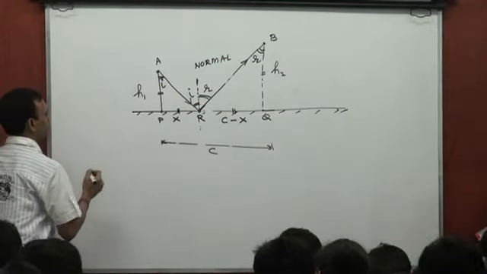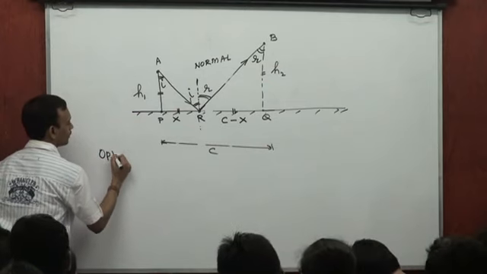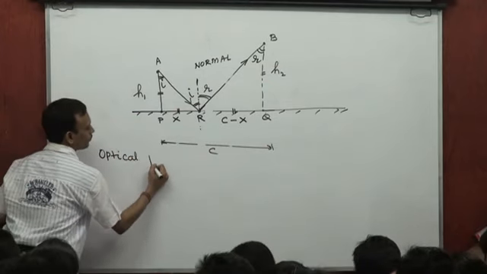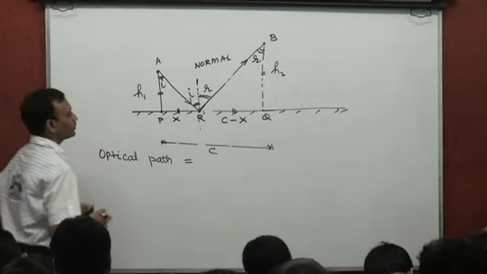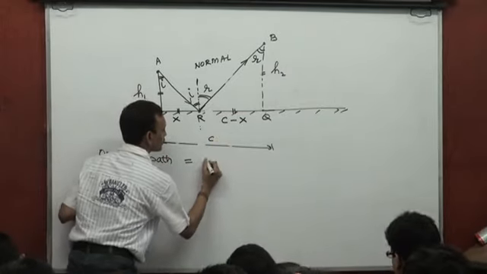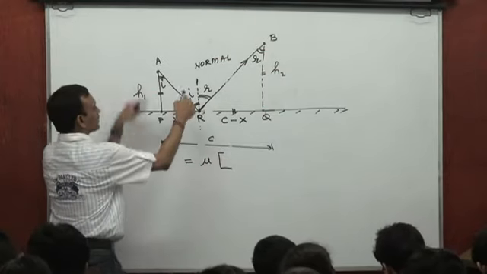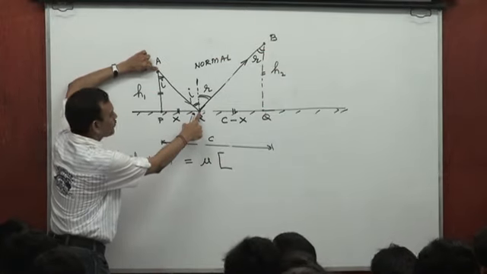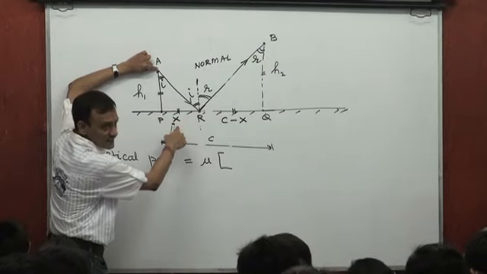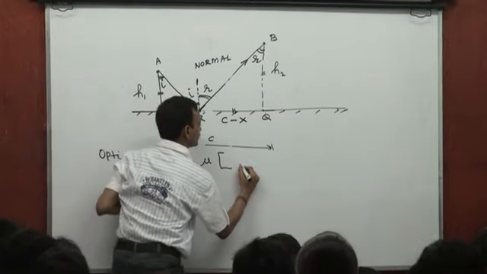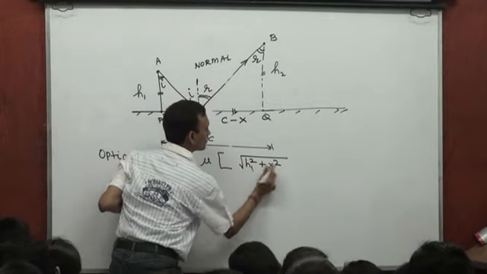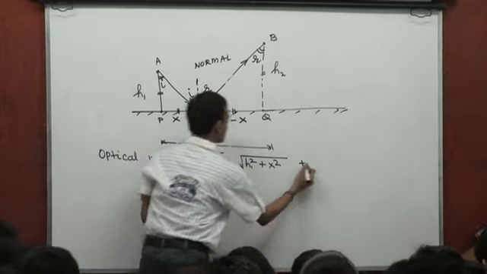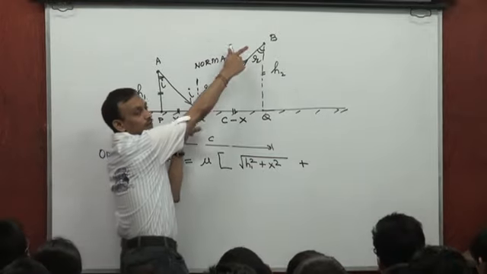So then the optical path is going to be mu times AR. Mu times AR. But what's AR? Root H1 squared plus X squared plus RB.